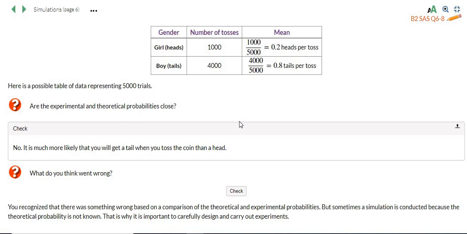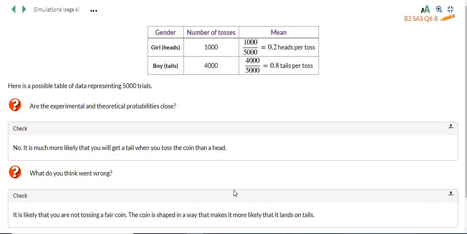All right. Then number 8, what could explain this result? We have talked about this with coins before, that it is more likely to land on tails for a certain aspect, if you recall that aspect. So a couple things could have gone wrong. One, you might have not been tossing it fairly. You might have put some force behind it, so you weren't tossing it fair.